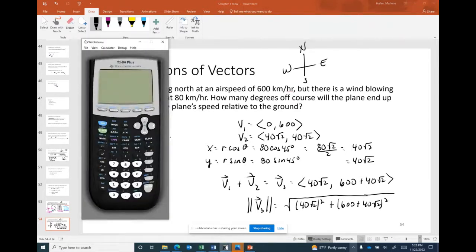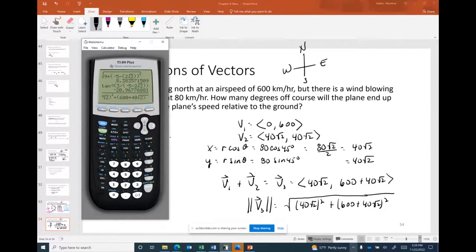Let's see if I can type this in the calculator. We want the square root of 40 square roots of 2, squared, so let's put that in parentheses. 40 square roots of 2, we'll get out from under that radical, close that parenthesis, square it. All right, there's that first part. Now I want to add to that 600 plus 40 square roots of 2.